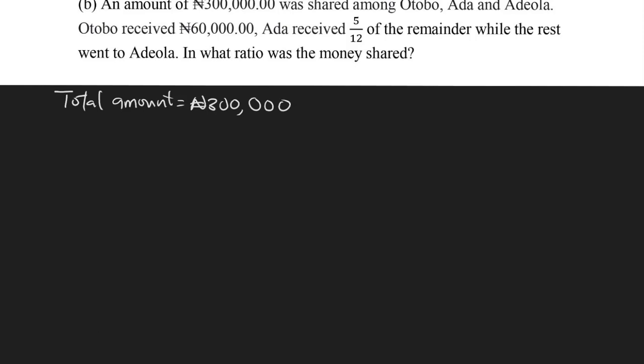Okay, and it was shared among Otobo, Ada, and Adiola, right? So now from the question, it says that Otobo received 60,000 naira. So we're going to say Otobo is equal to how much? 60,000 naira.